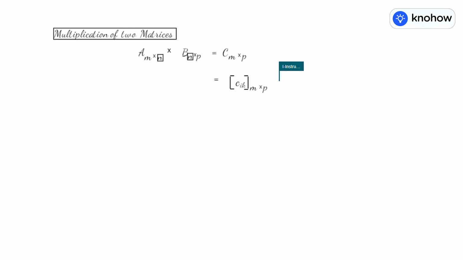Now how do you define? Now remember, here this matrix A is of the type Aij of order m by n, and the matrix B we are taking of the type Bjk of the order n by p. Then how do you define Cik, the resultant matrix?